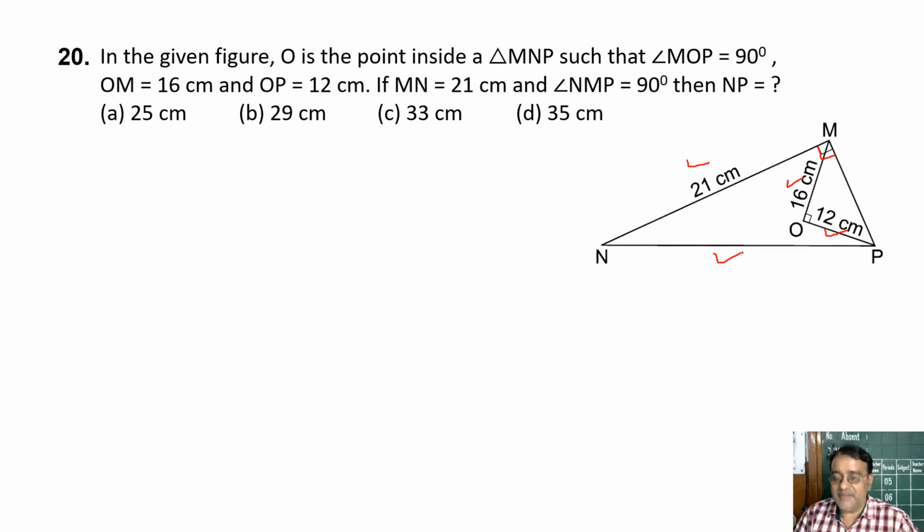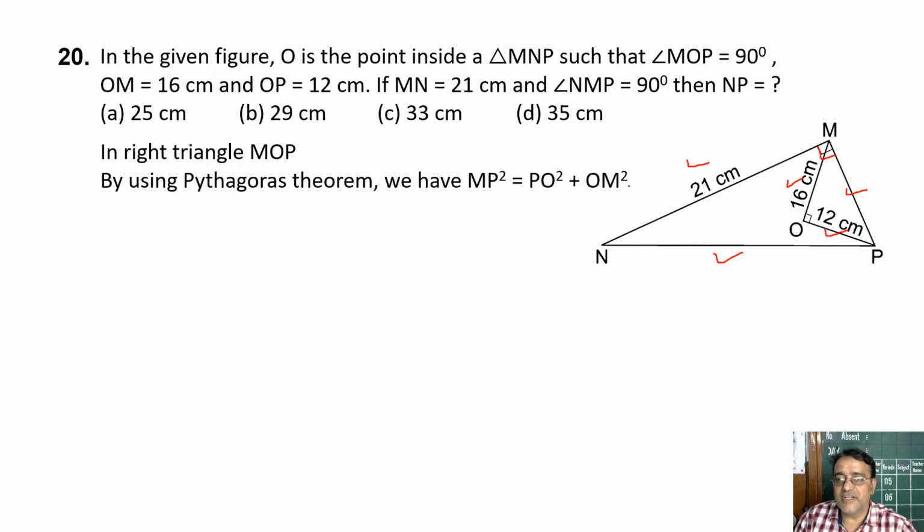So very good question. First of all, we will find PM by using Pythagoras theorem in triangle POM या MOP, right? So by Pythagoras theorem, we will get MP square is equals to PO square plus OM square. PO is 12 and OM is 16. So we'll substitute, okay?